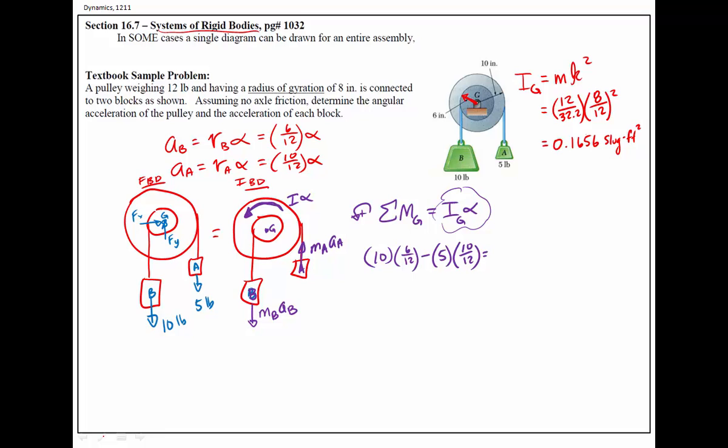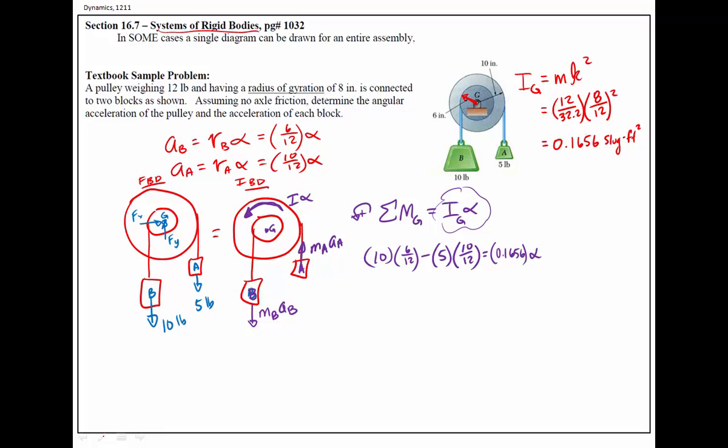Now for the inertial diagram, we'll take the moment of inertia, I alpha, so we have the value 1.1656 alpha, and we're going to add in also the inertial moments that are caused by this mass times acceleration.